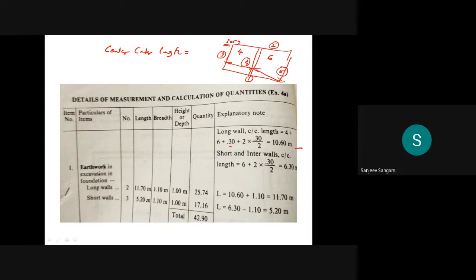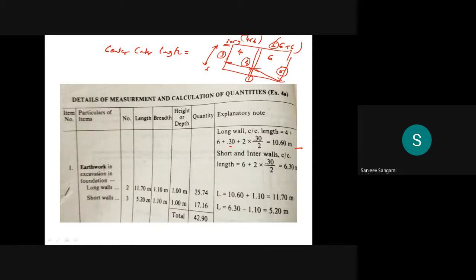And the short wall. In this the actual size will be 4 by 6, and here also it is 6 by 6. Along this direction it will be 6, so 6 plus 2 divided by 2, on either side you can add the thickness of the wall.